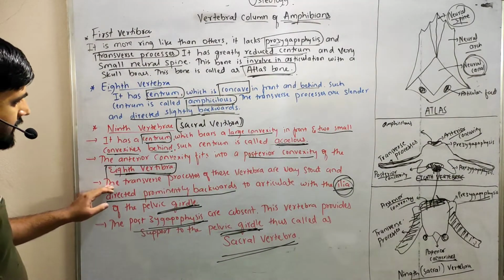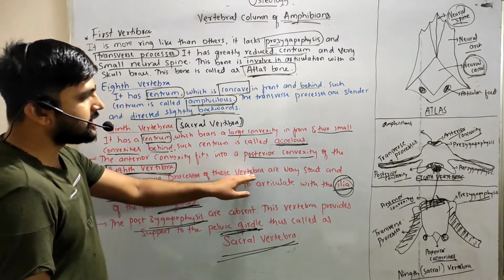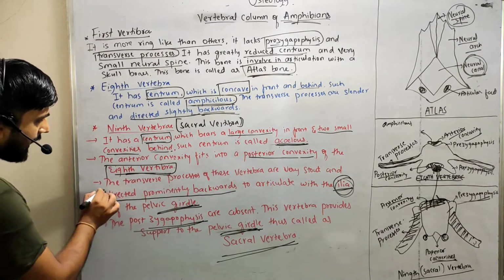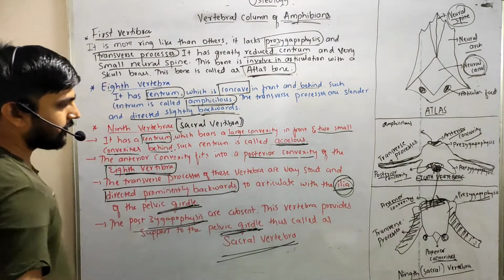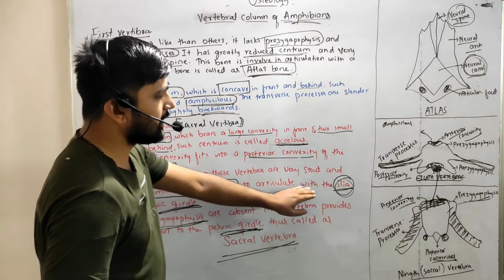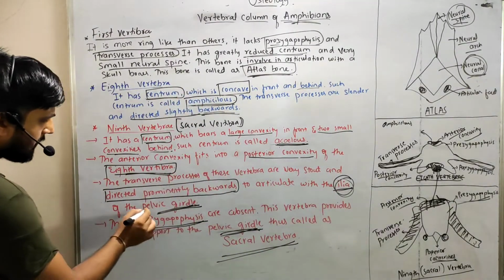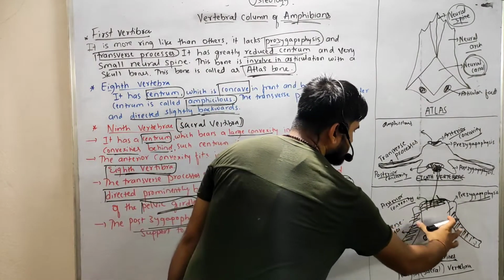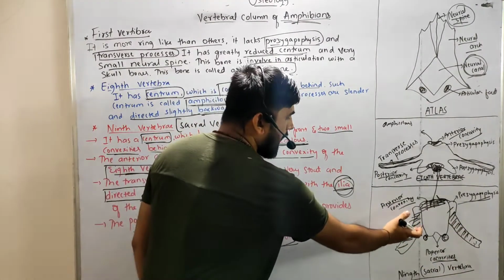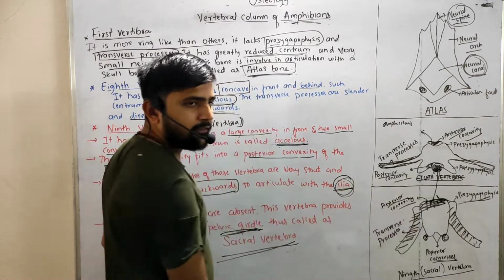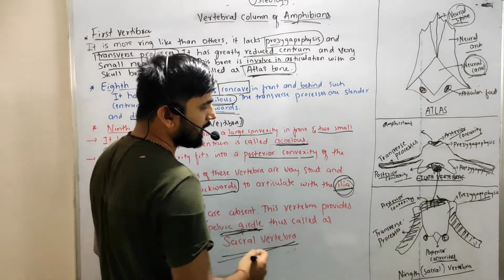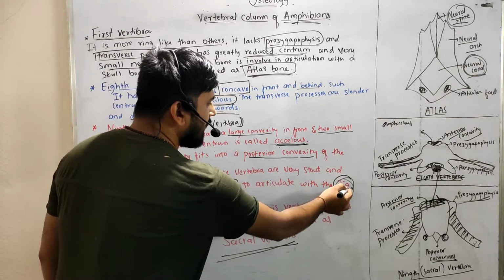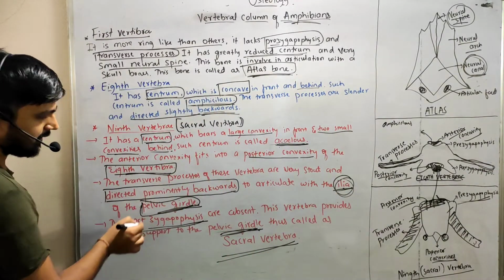The transverse processes of this vertebra are very stout and directed prominently backward, and they articulate with the ilia of the pelvic girdle.